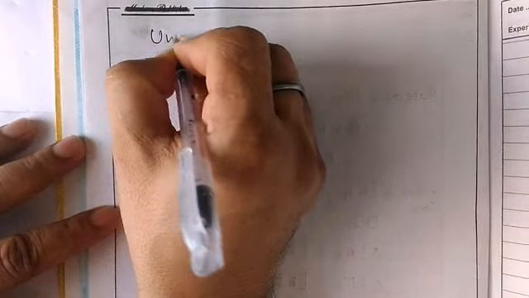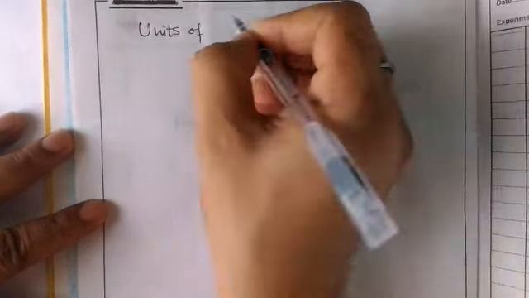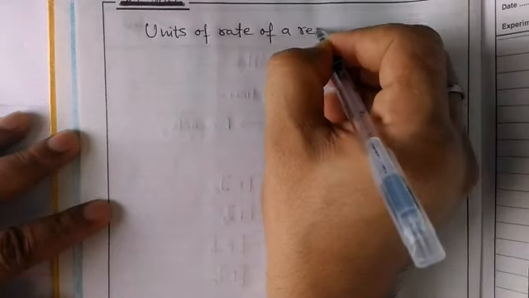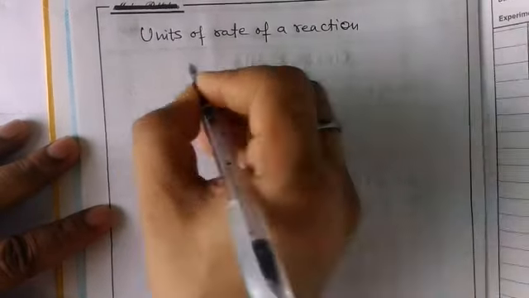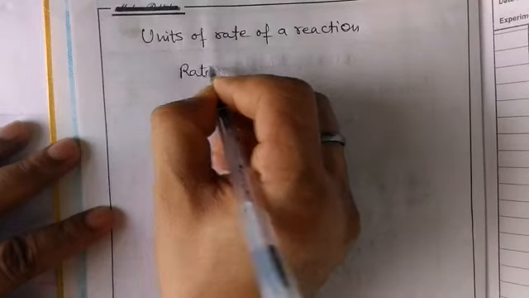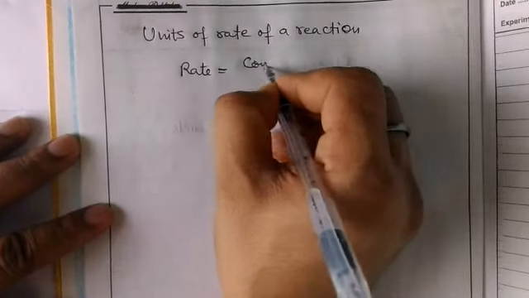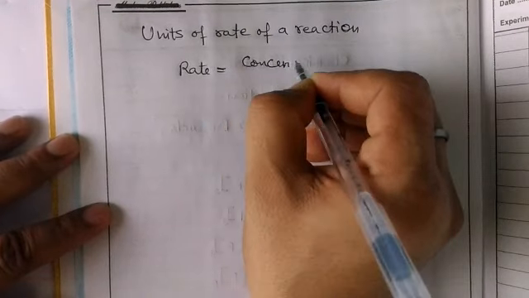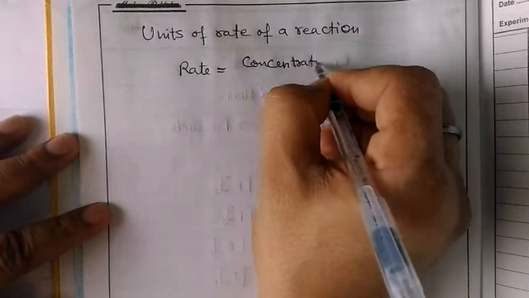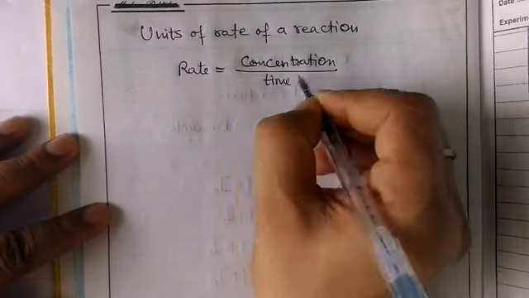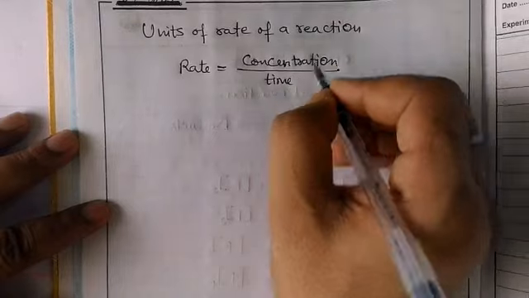Now let's see units of rate of a reaction. Rate is represented as change in concentration upon time.